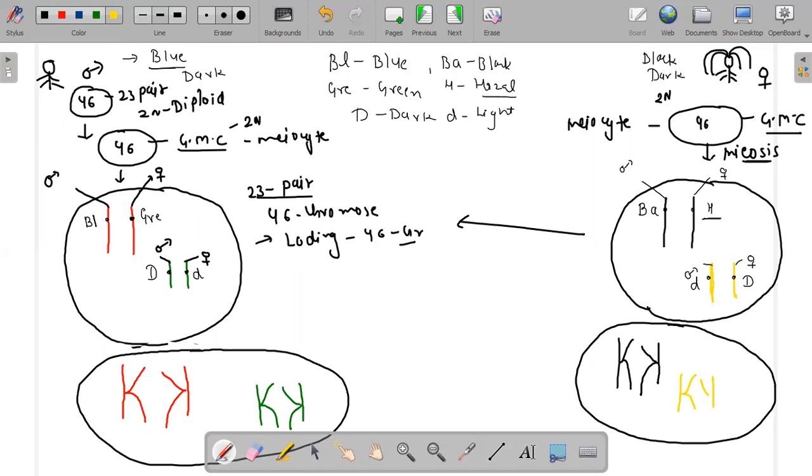Actually their branches are double. So I'm writing the alleles here. This is blue, and the double one is again blue. And this one is green, so the double one is again green. I'm marking the location here by this dot.